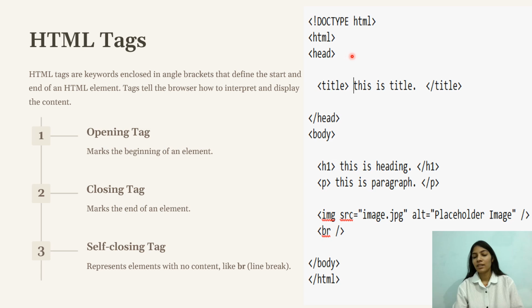The head tag is opened here and then it is closed. But in a self-closing tag, like the image tag, img is opened and closed in the same place, so it doesn't have an extra tag for closing it.